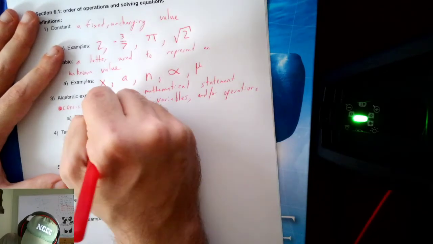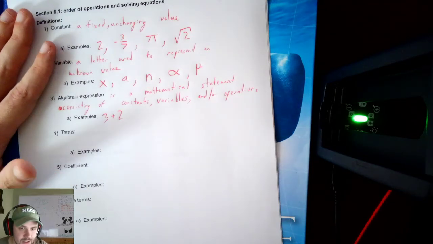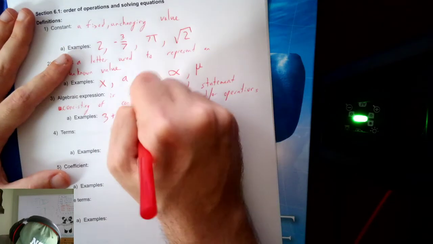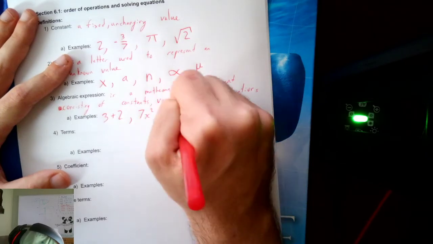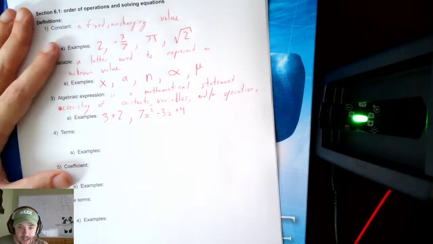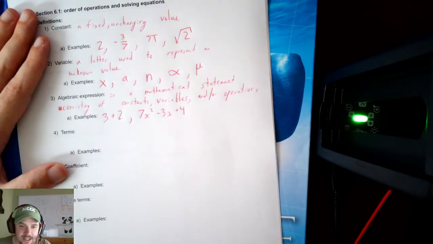Maybe an example could be 3 plus 2. That's a pretty simple expression, right? Maybe another example is 7x squared minus 3x plus 4. That's another expression. A little more complicated expression, but still an expression, right?